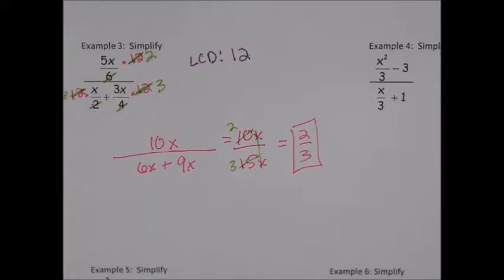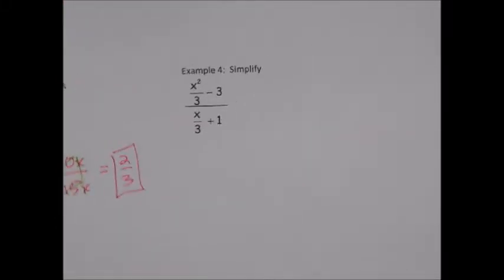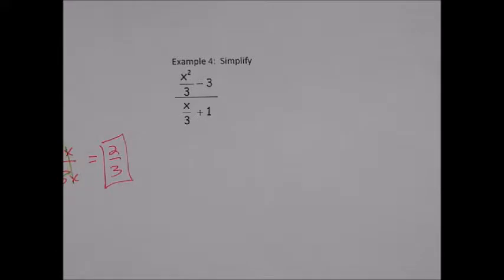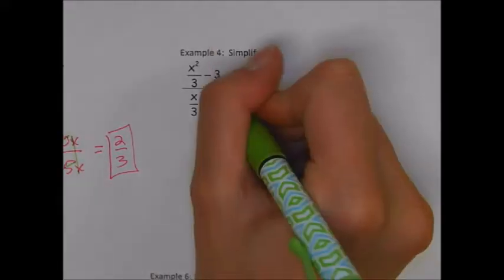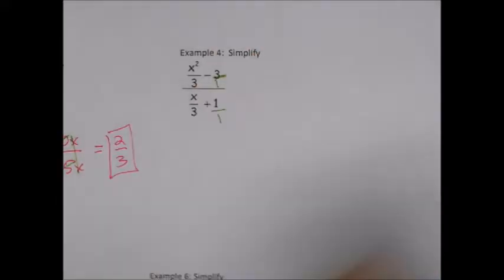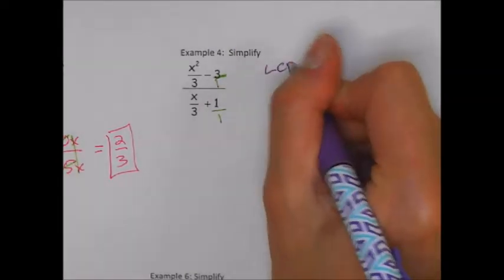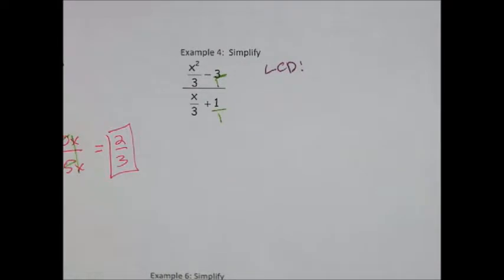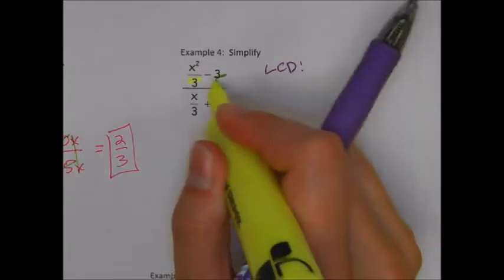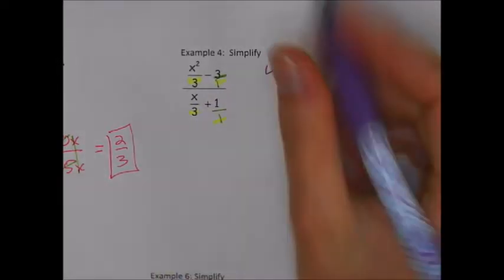Let's look at example 4. Make sure to put all of your whole numbers over 1. Go ahead and write down what is your LCD. I'm looking at 3 and 1, so that's going to be 3.